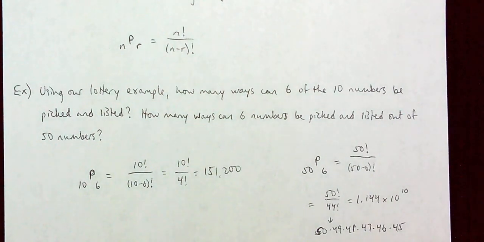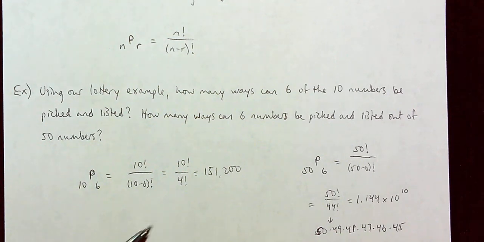And that number there is a very, very, very large number. So you can start to get a sense of why it's so darn impossible to win the lottery, or it's highly, highly improbable.